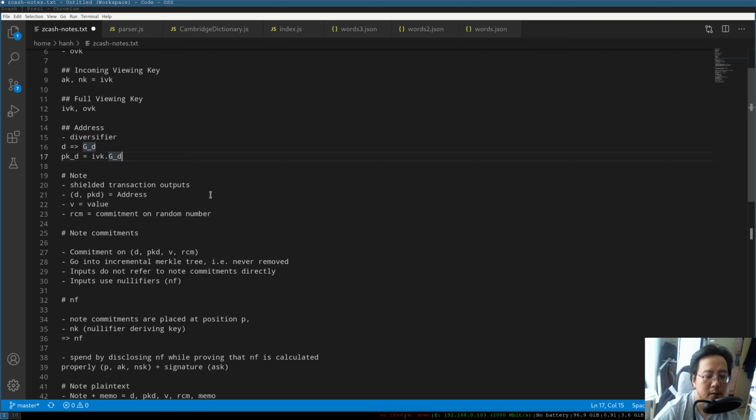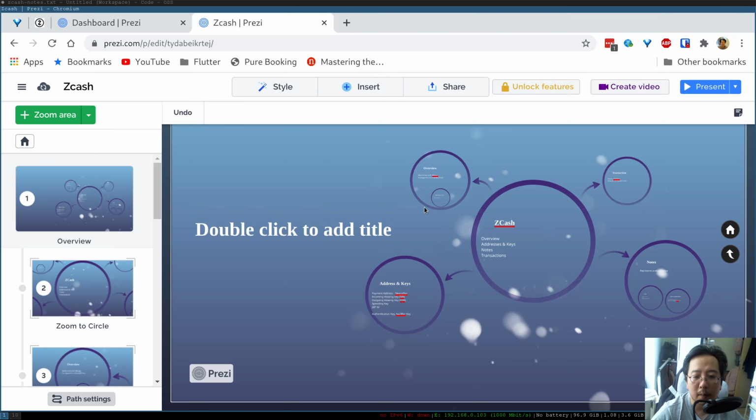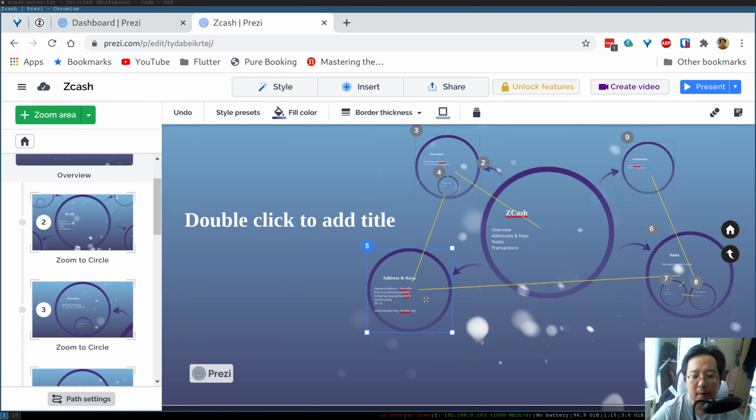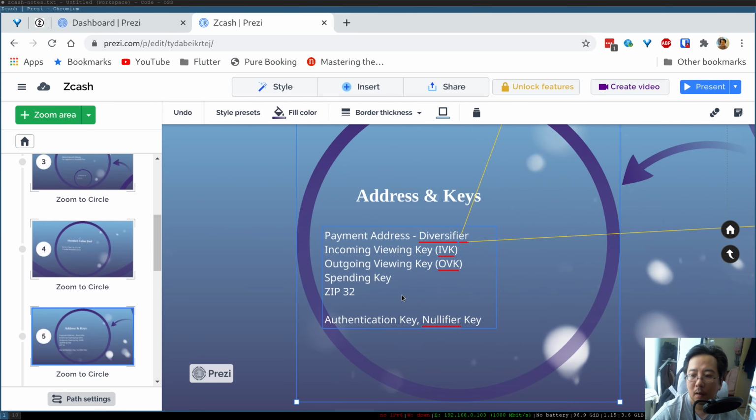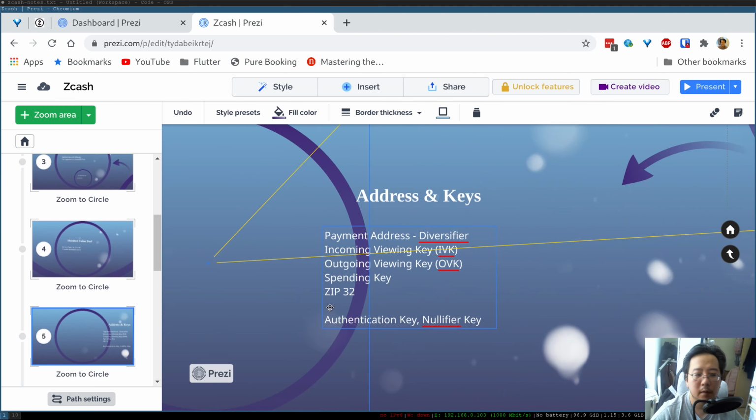Now for notes, right? So we go back to the presentation. We talked about this, this is exactly all these elements here. Now we talk about notes.